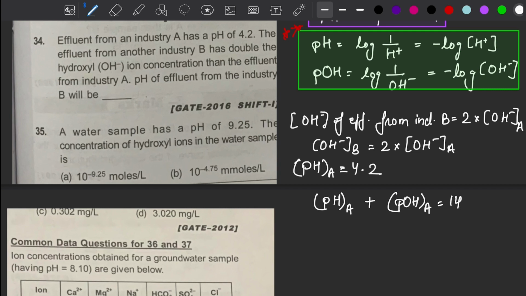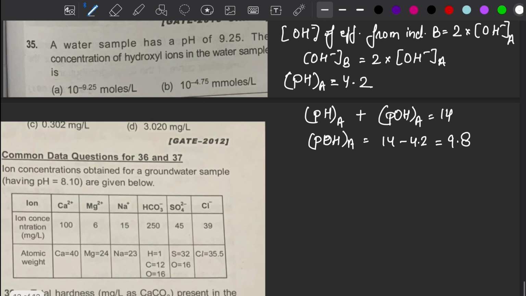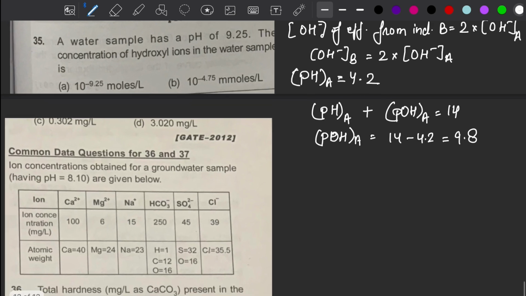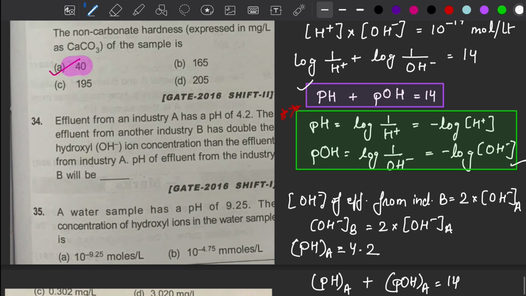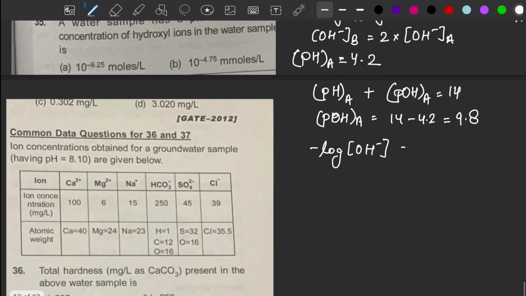So by that we can say pOH of A is equal to 14 minus 4.2, and it comes to be 9.8, right? Now pOH is nothing but minus log of OH ion concentration. Just now we have seen this. That is nothing but 9.8, right?